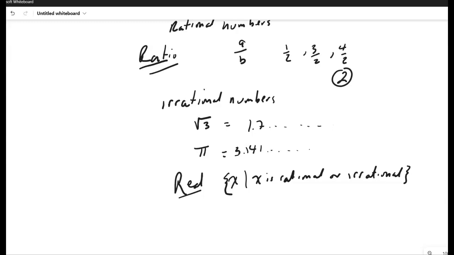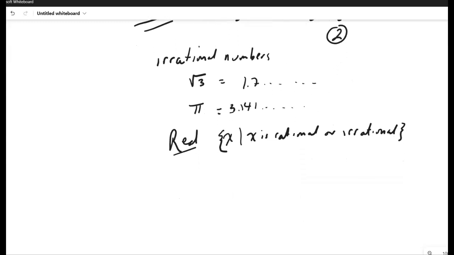So pi is a real number. 1/2 is a real number. 0 is a real number. And these brackets, the way you read this says, the set of x such that x is whatever. It could be an odd number, an even number.